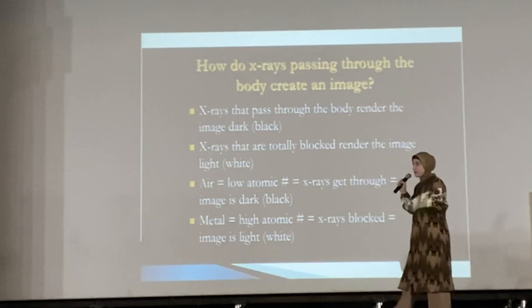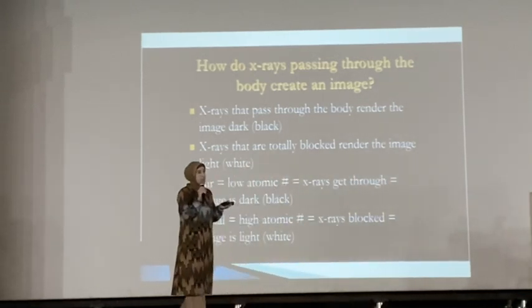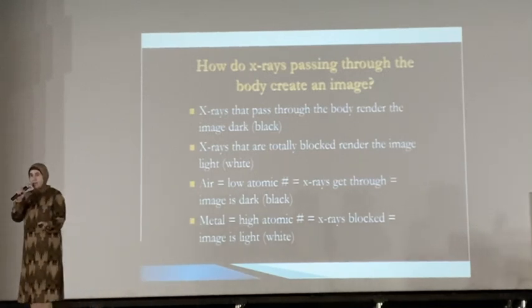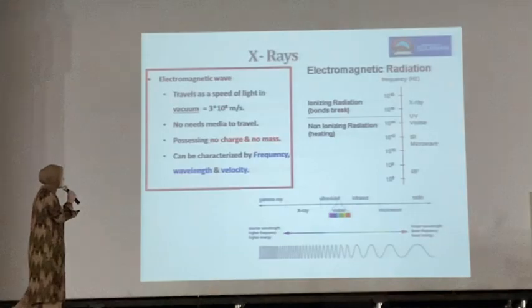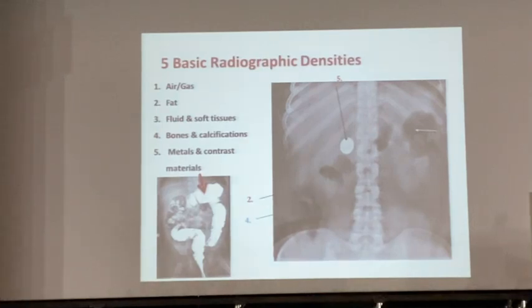How is an X-ray image created? An X-ray beam passes through our body and is detected by the X-ray film, a screen, or a detector. The image is created by the interaction between the X-ray and our body in the matter of absorption.